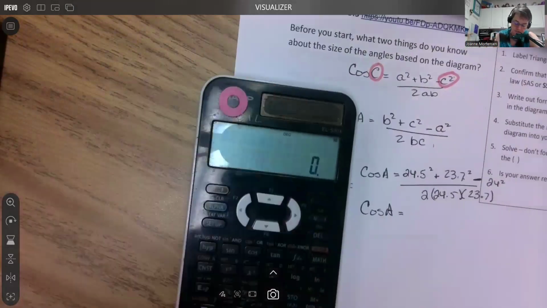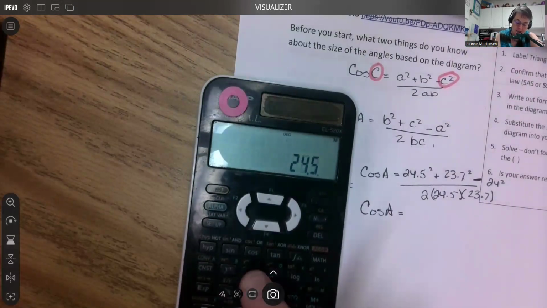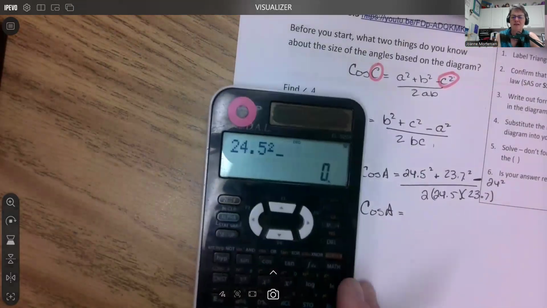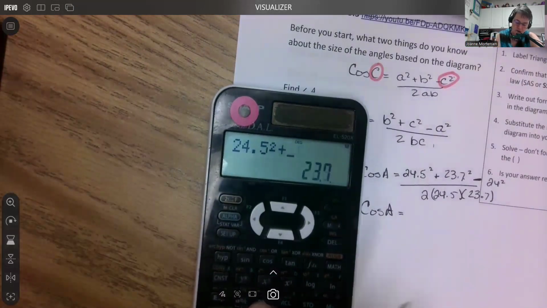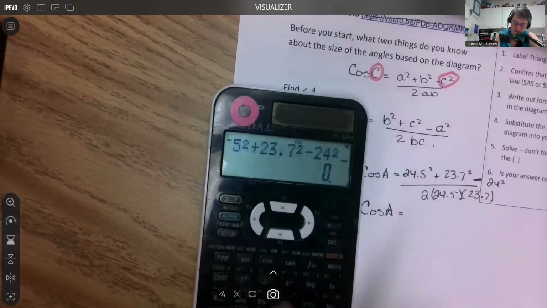Okay, so 24.5 x squared. I think every calculator has a square button on it. Plus 23.7 squared. Subtract 24 squared.